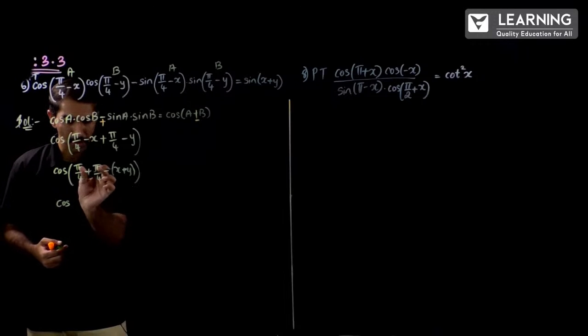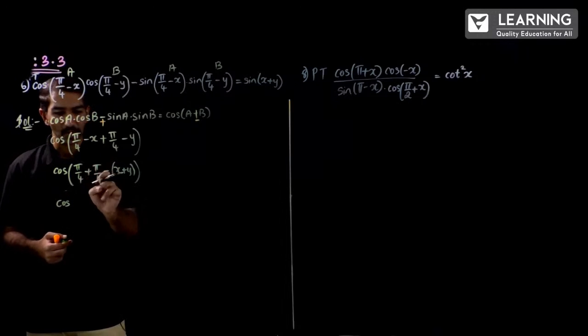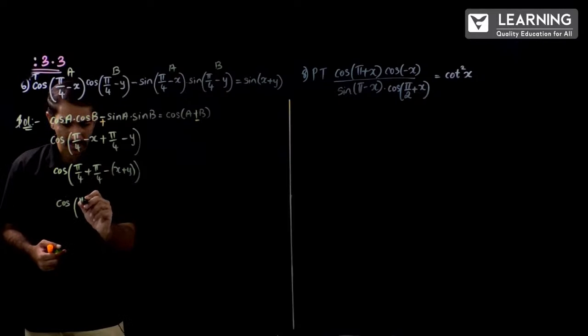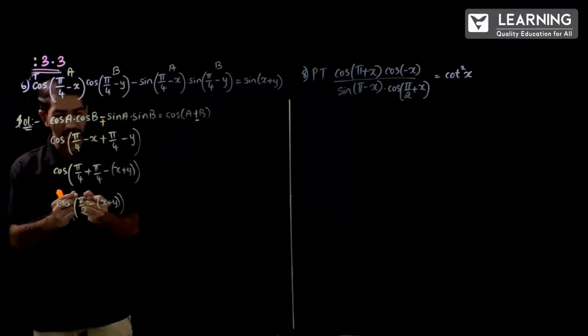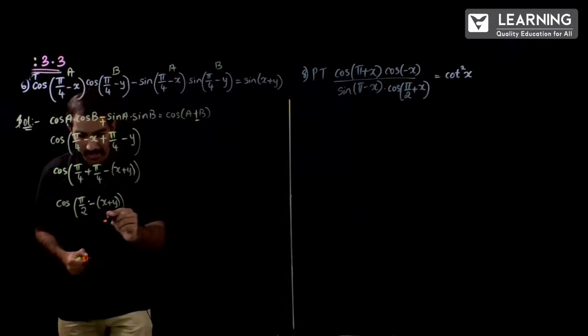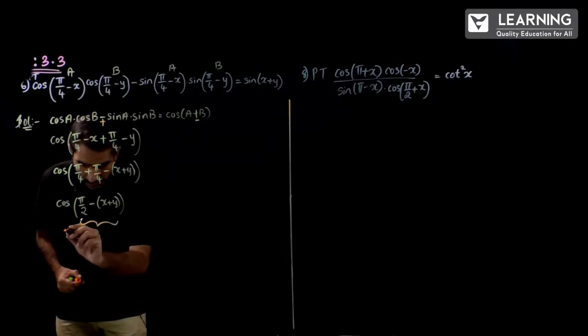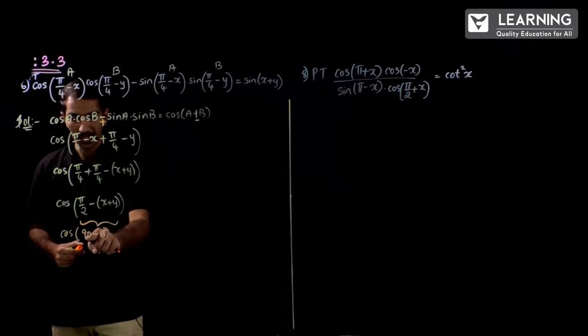Denominators are the same, add up the numerators, it will become 2 pi by 4, which is pi by 2. So it will become cos of pi by 2 minus x plus y. Now you see this is in which form, students? This is in the form of cos of 90 minus theta, correct? Pi by 2 is nothing but 90. This we are taking as theta.